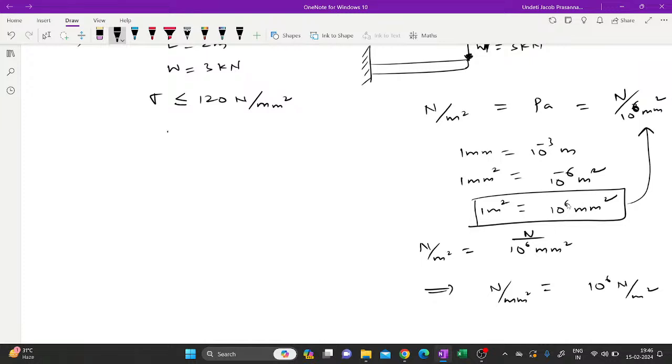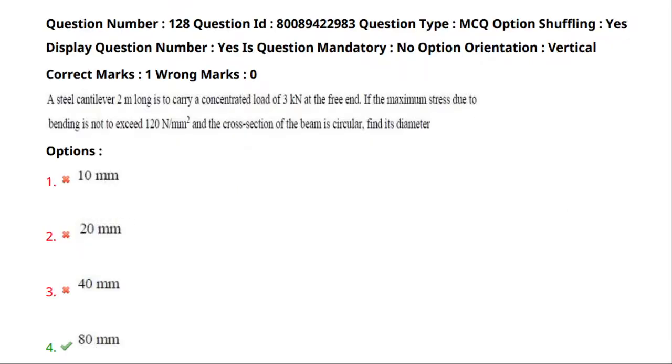So sigma is less than or equal to 120 into 10 power of 6 Newton per meter square, that is 120 into 10 power of 6 Pascal, or you can take it as megapascal basically. So sigma value is less than or equal to 120 megapascal. That's the thing here.